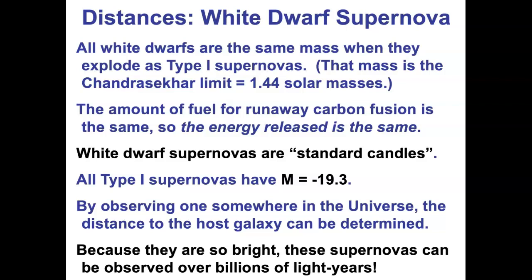What is a standard candle? We've been talking about this for a few minutes now. A standard candle is the type of object where every example of that type has the same luminosity and the same absolute magnitude. So it is a standard brightness because they're all the same luminosity. Cepheid variable, right?